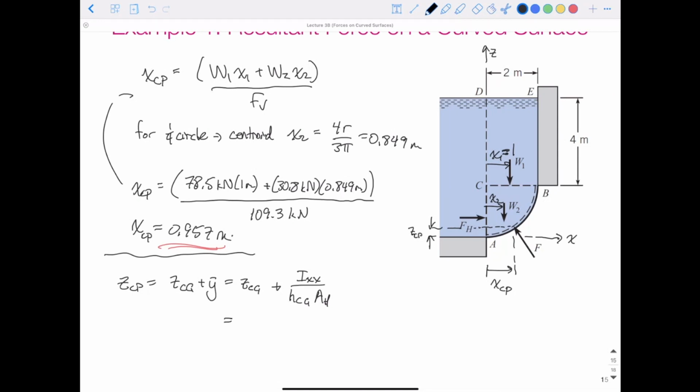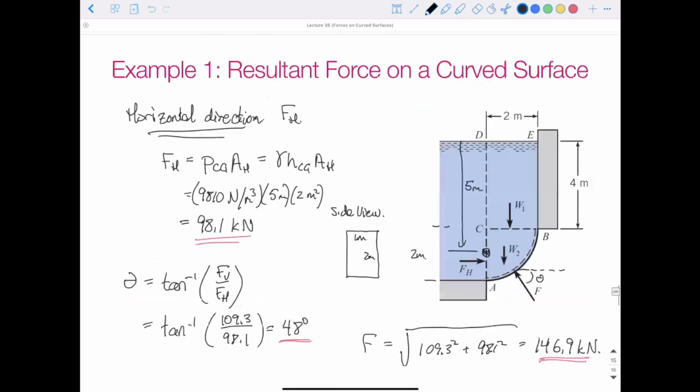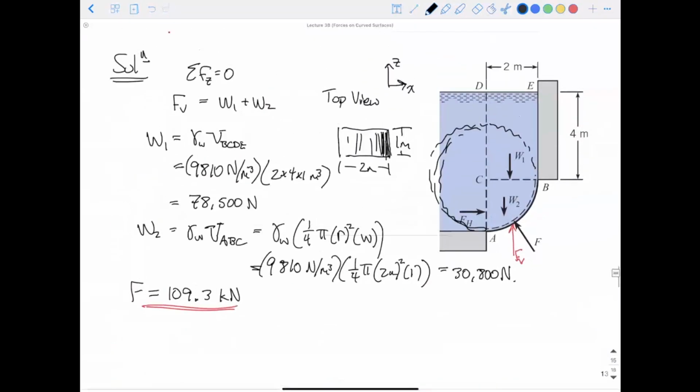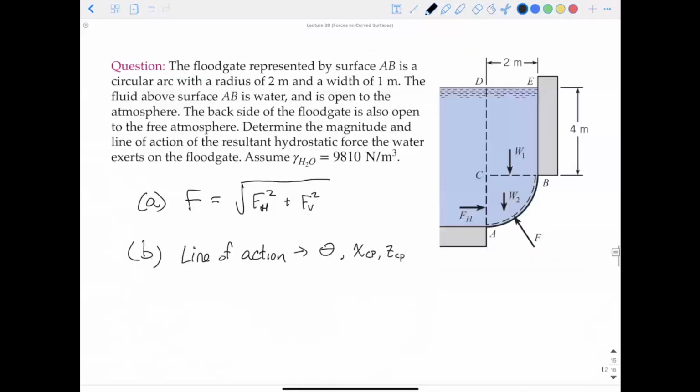So the Z center of gravity of that area, we said, was 5 meters from the top, so that'd be 1 meter from the bottom. So 1 meter plus, this equation for Y bar should have a negative there, so minus IXX, which we calculated above, did we not? No, we didn't.